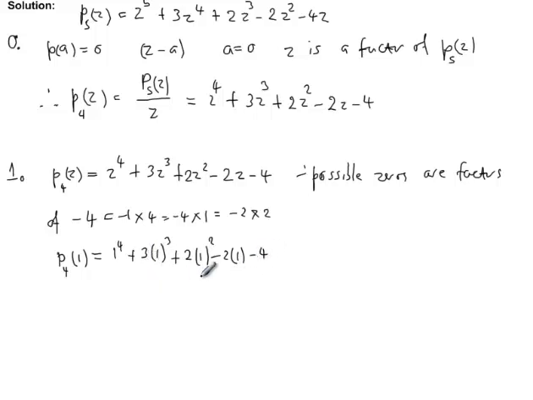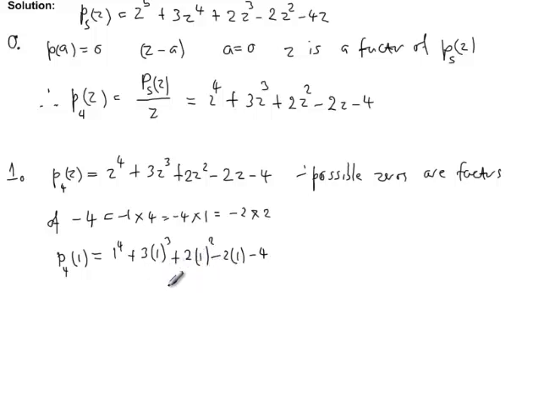I think 1 is a very simple number, which I don't really need to write as 1 power 3, but I'm using that kind of structure to show you what you do with any other number. Are we together? Otherwise, I should have just written 1 plus 3 plus 2 minus 2 and minus 4. But what I'm trying to do there is show you the real substitution you must do with any other number. Are we together? Because here now, I'm teaching, I'm not cheating.